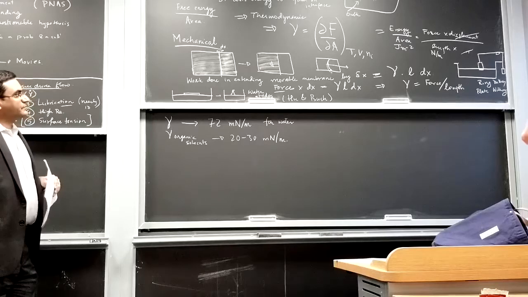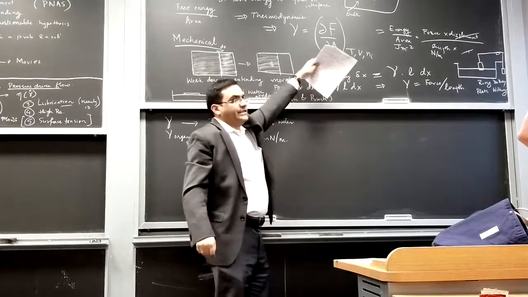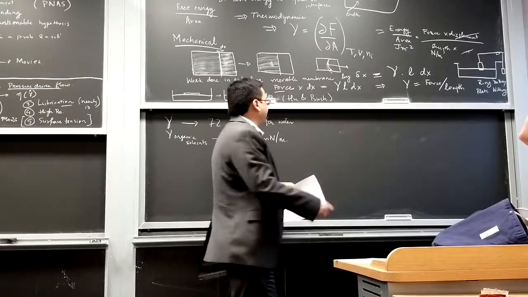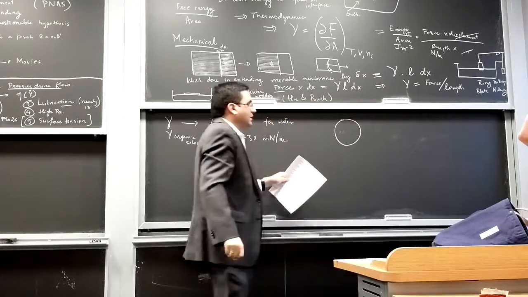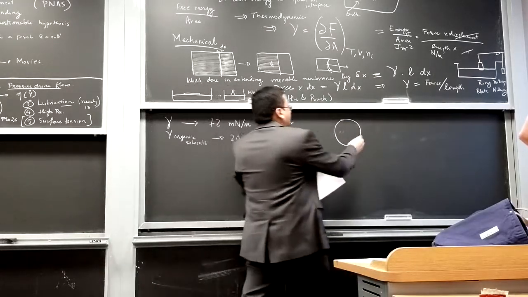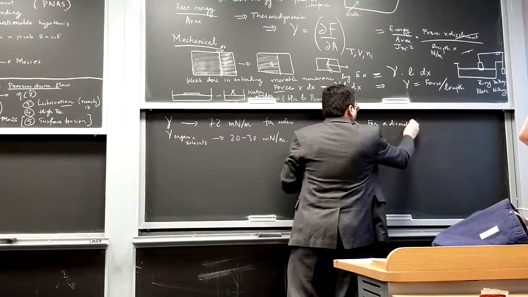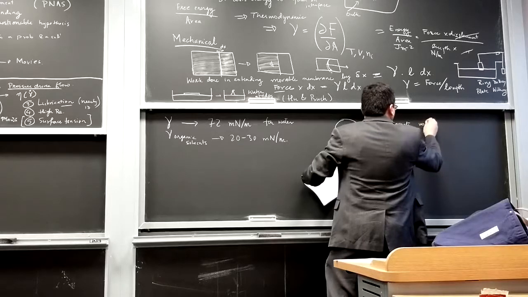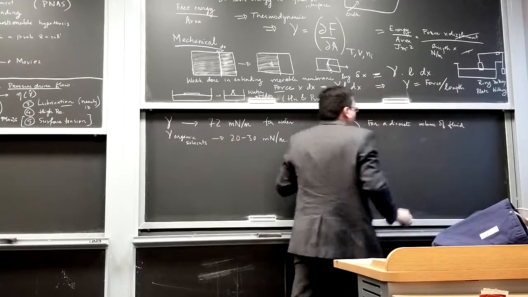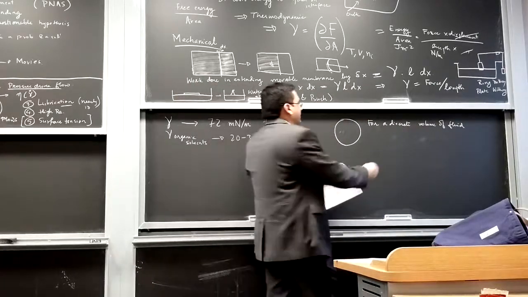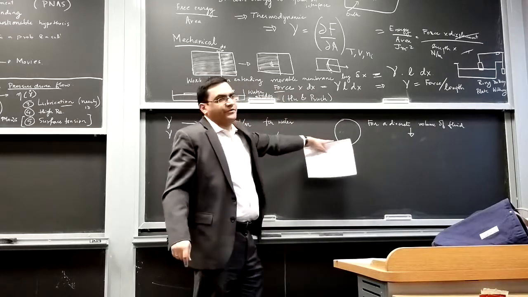Okay, so that's a mechanical consequence. Now, if you think in terms of free energy, for a discrete volume of fluid, the overall free energy is going to be minimized if the surface area is minimized.